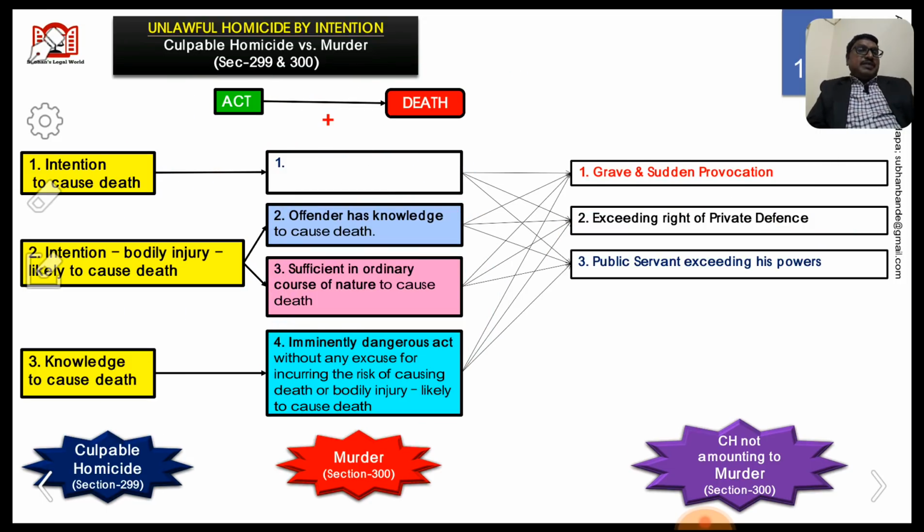The third exception specified under section 300 is public servant exceeding his powers.